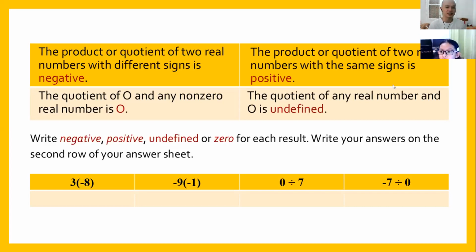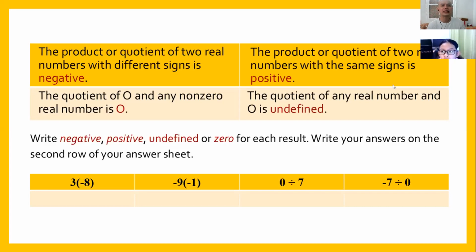Yes, the product is negative. All right. What about the second one? Negative 9 times negative 1. What will be the product? Positive. Correct. What about 0 divided by 7? What will be the quotient? 0. All right, very good.